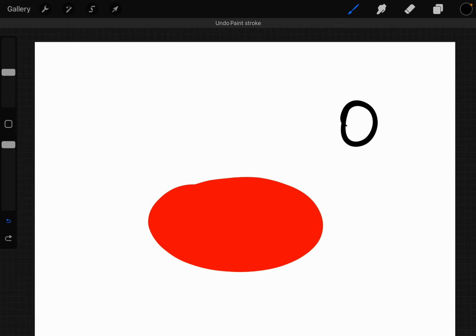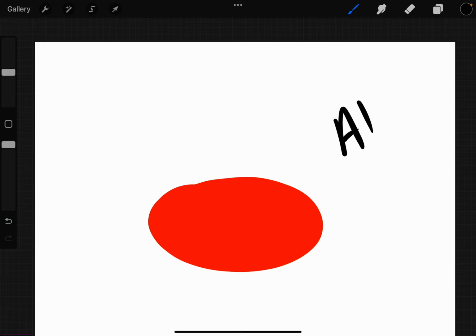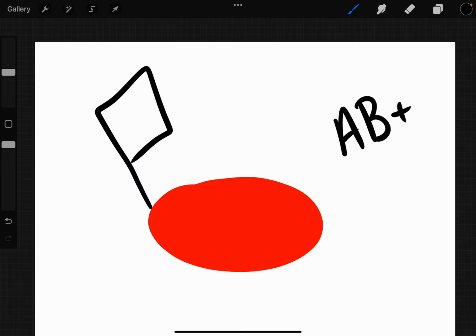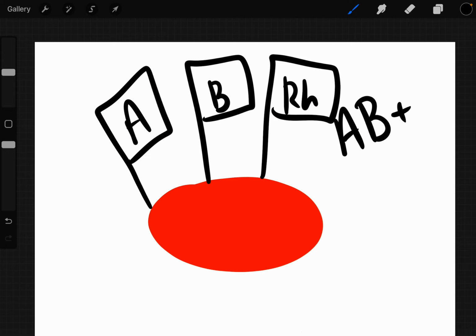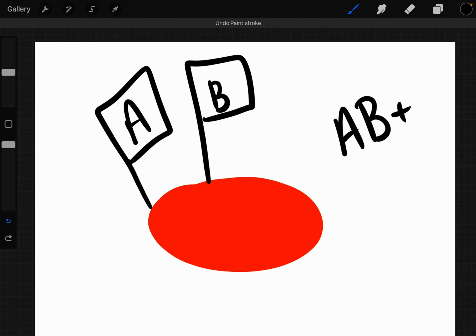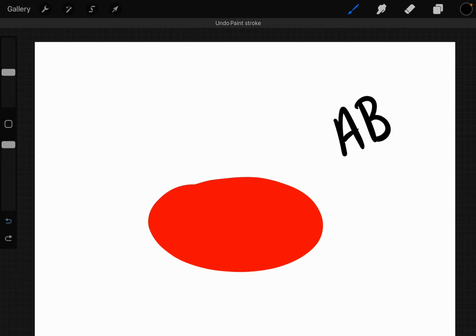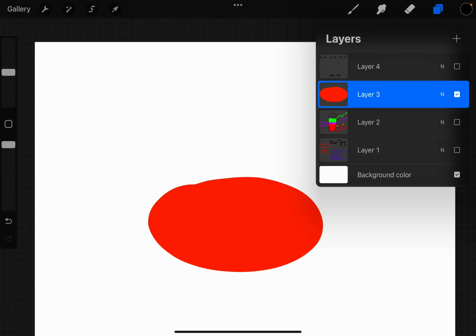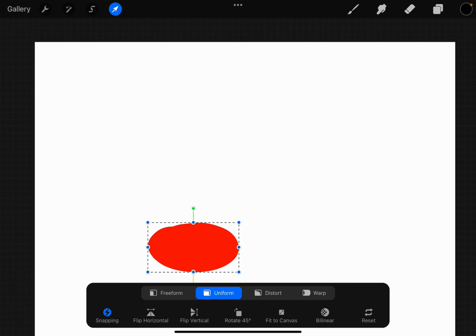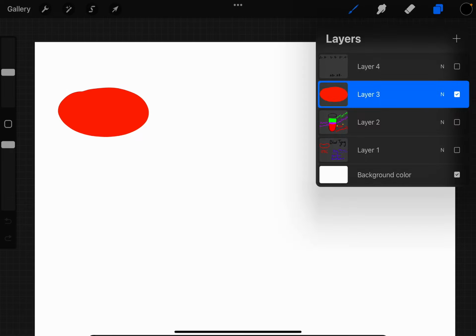The last example would be if we had, let's say, AB positive. That would be an A flag, B flag, and RH flag. If you see all three of those flags, that makes it AB positive. Now, we're going to do a couple different flags and a couple different cells here.